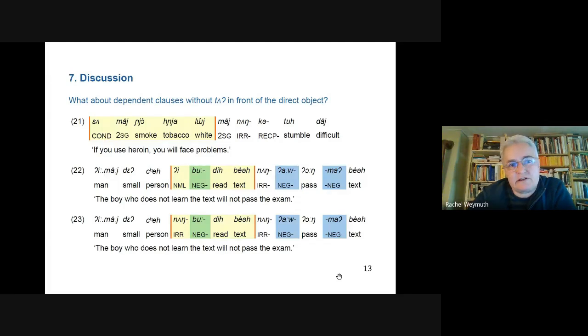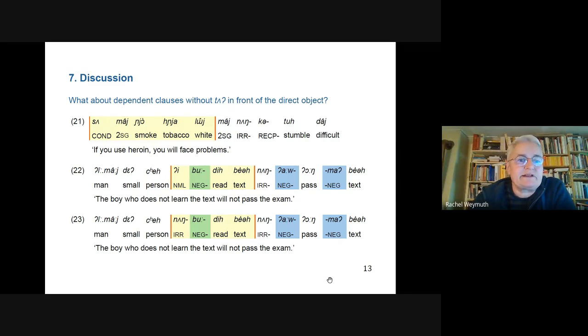Conditional clauses are dependent clauses, but they are verb medial, like independent clauses. So probably ta isn't used here because of this circumstance, because it is verb medial.